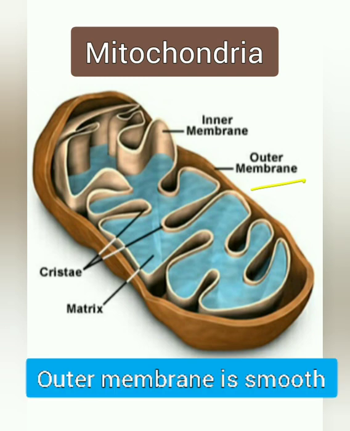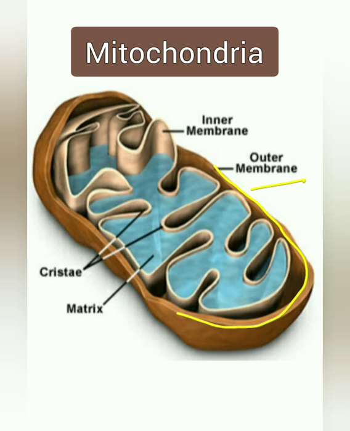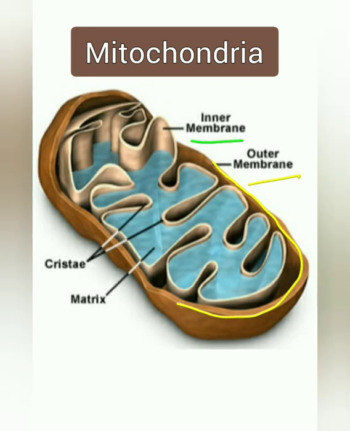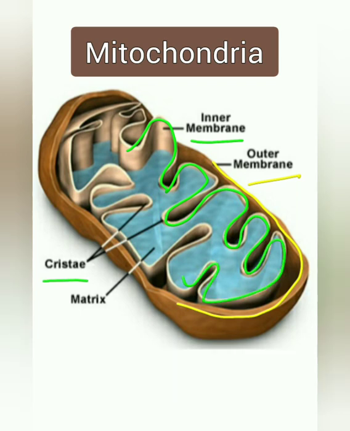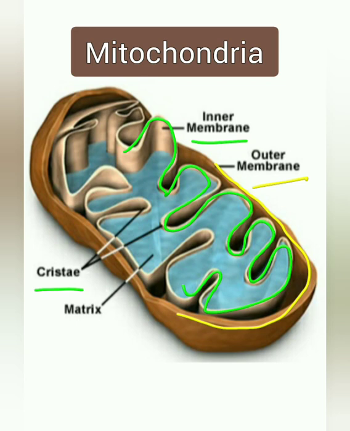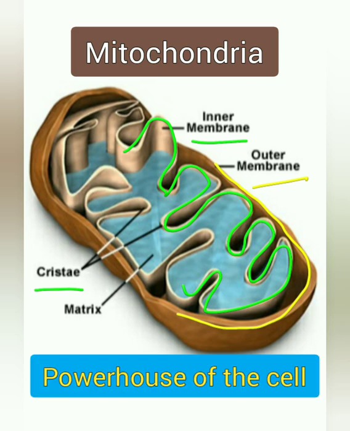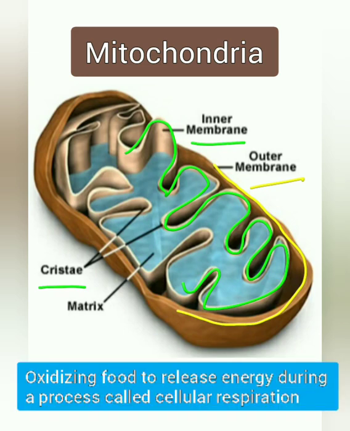Outer membrane is smooth, whereas this inner membrane is folded into finger-like projections called crista. Mitochondria are also called the powerhouses of a cell. They are responsible for oxidizing food to release energy during a process called cellular respiration.